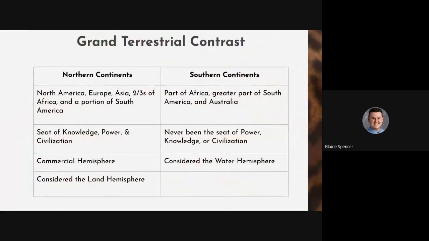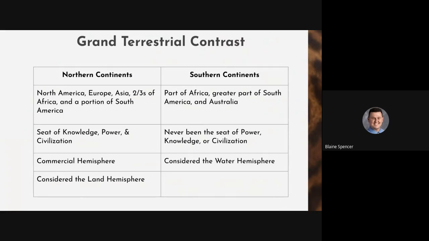When we look at this grand terrestrial contrast, we break it down not continent to continent, not North America, Europe, and so on. We're looking at each hemisphere for the most part. We look at the northern continents in the northern hemisphere, and then the southern continents in the southern hemisphere. There are a couple of points we need to look at.